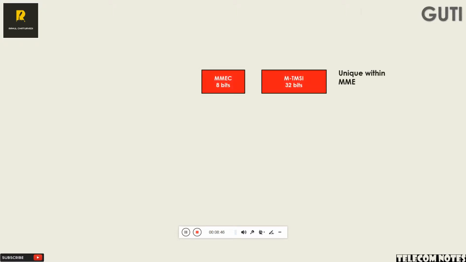Now coming to the particular GUTI, because that's the most important part. So I've made the combination for the GUTI, how GUTI has been created. It's MME code of 8 bits and MTMSI of 32 bits, that is unique within the MME.